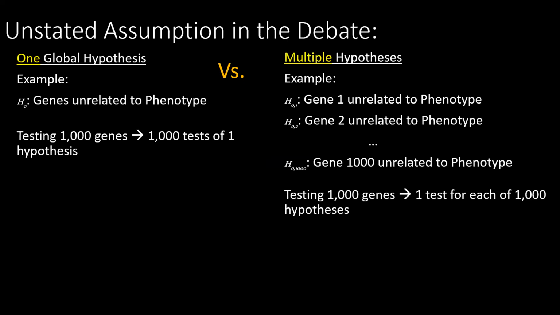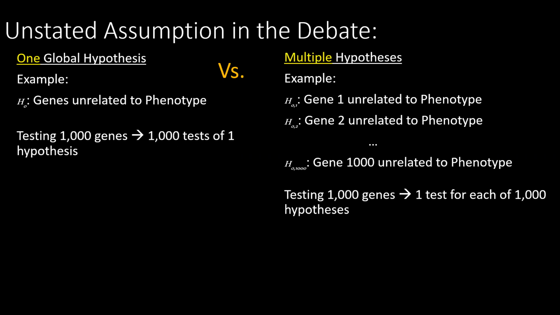So I think one unstated assumption that shows up in this debate, and I rarely see it explicated, is what exactly is your hypothesis? And so we can think about it, to keep things simple, in two different ways. One is that you're really interested in one global omnibus hypothesis.